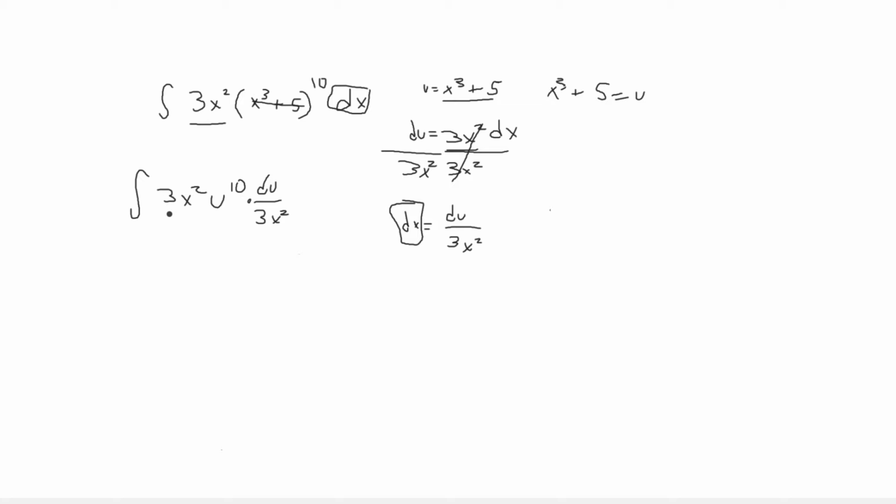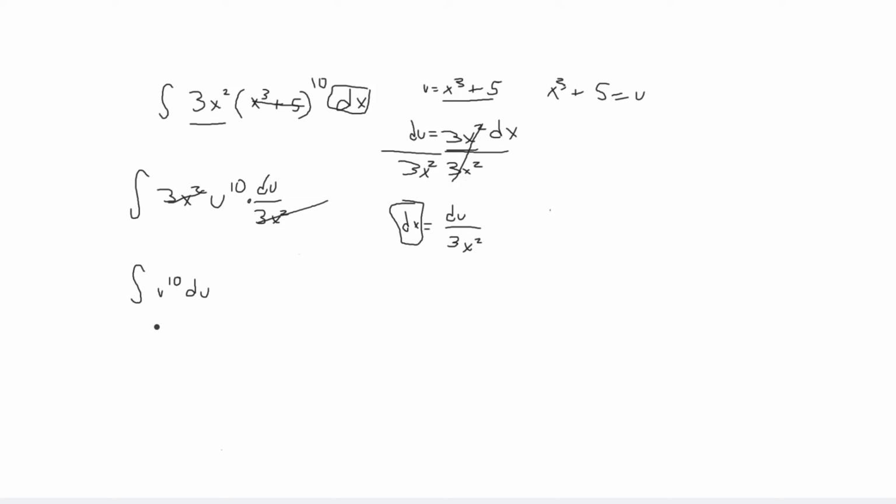So now we have a 3x squared on the numerator and a 3x squared on the denominator. So we can cancel these out. It's just equal to 1. And so what we end up getting is u to the 10th du. Now we have a much simpler integration where we can just reverse the power rule in order to solve it.